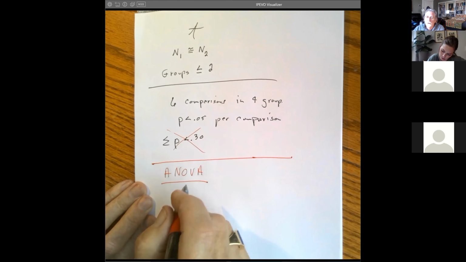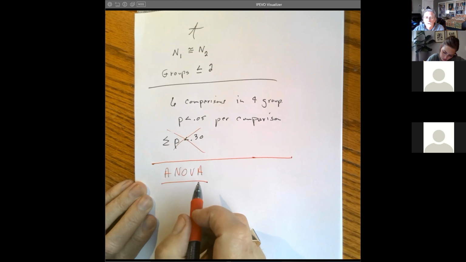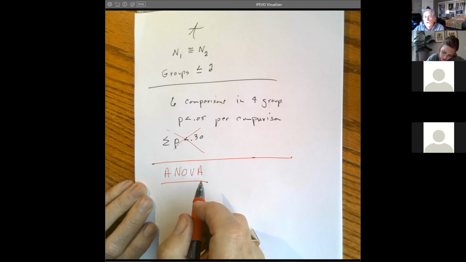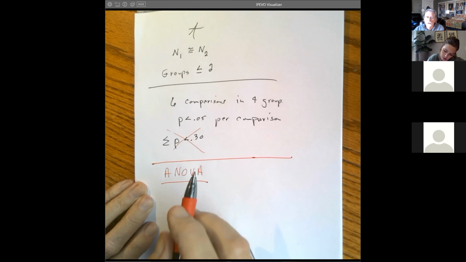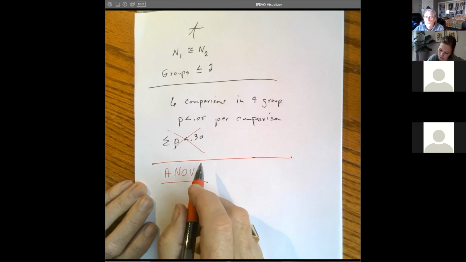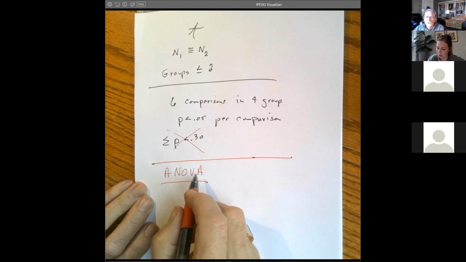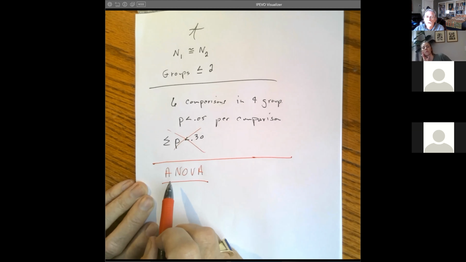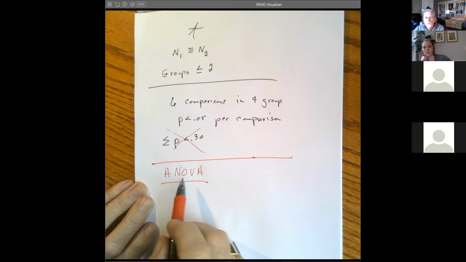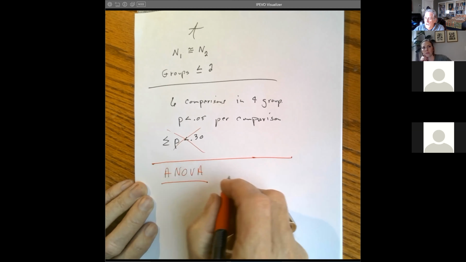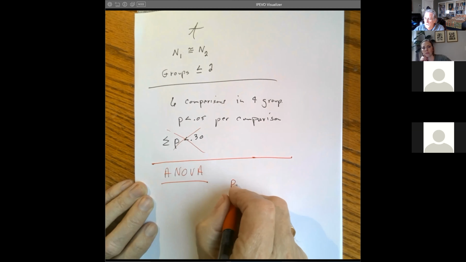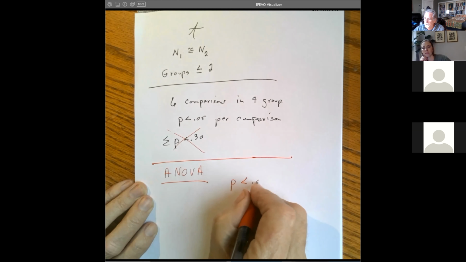Because not only does ANOVA allow us to do more than 2 groups, it allows us to do more than 1 independent variable or multiple dependent variables. Now, we won't get all into that in this course, but it does allow you to do a much more complex and a much more involved analysis, all under 1 error rate, which is 0.05.